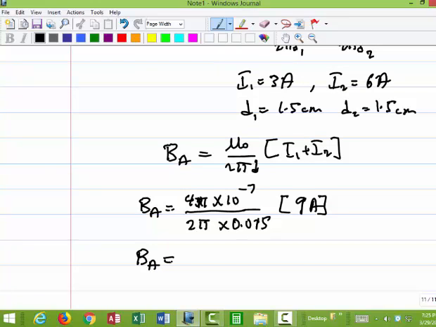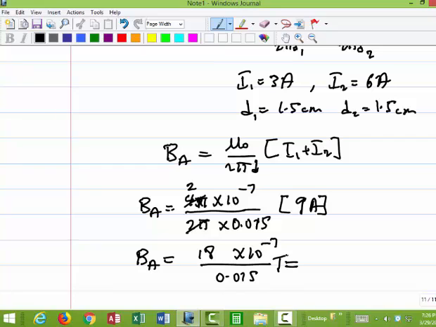You can remove your 2 pi with one of those 2's there, and then you have 0.015 at the bottom. So you're going to do 18 amperes times 10 to negative 7 divided by 0.015. So what does that give us? Let me take the ampere out because the whole thing is going to be Tesla over here.